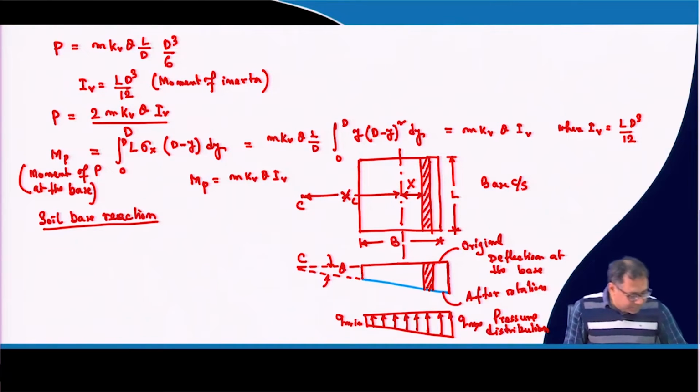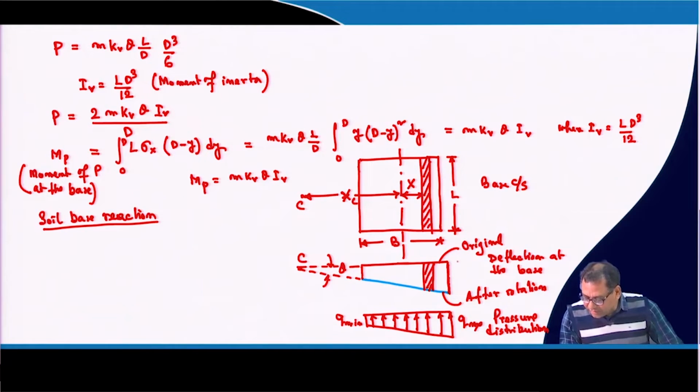So, now the vertical deformation. This is the vertical deformation at this edge and this is the vertical deformation of the other edge. These are the vertical deformation, this is the deflection, or I should say vertical deflection at the base.